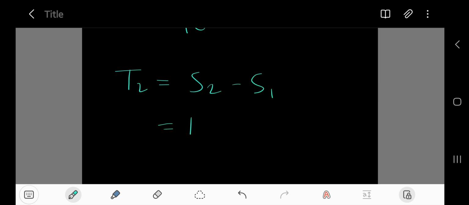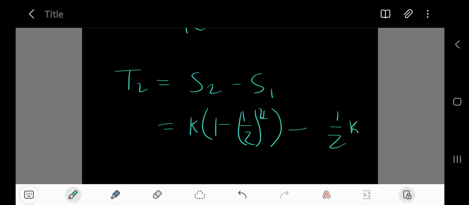The sum of the first two terms, we did say it's k times 1 minus 1 over 2 to the power of 2, because it's the sum of the first two, that's our n, and then minus the sum of the first term, which is 1 over 2k.